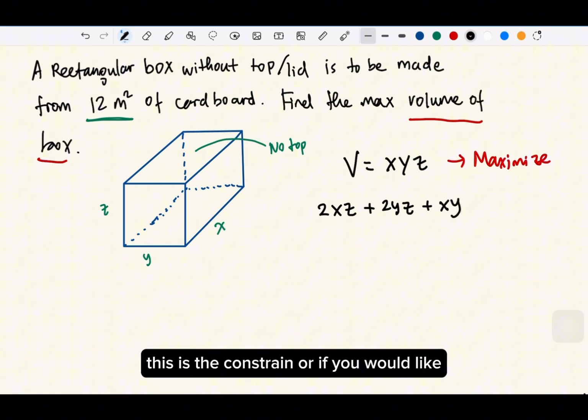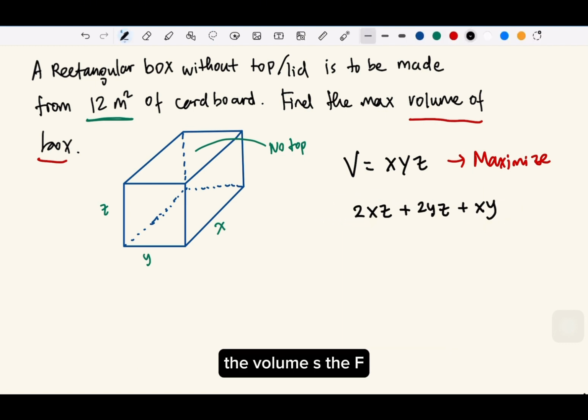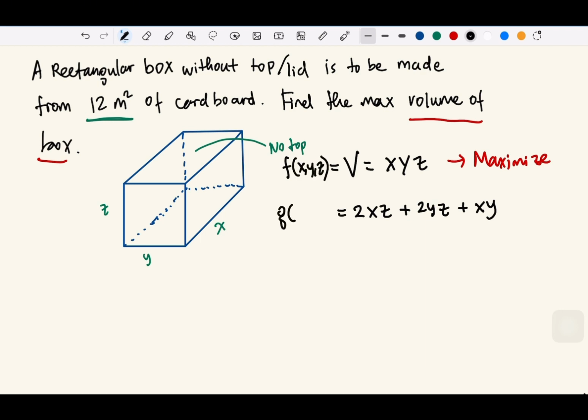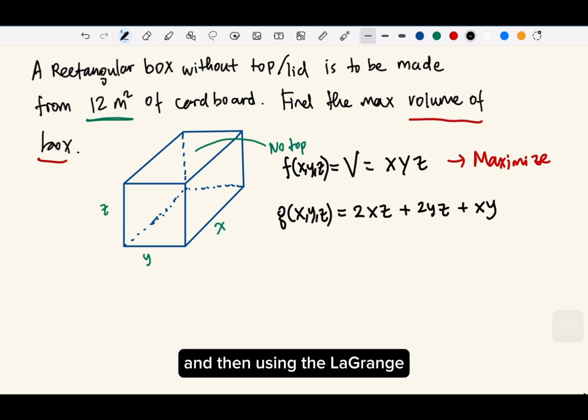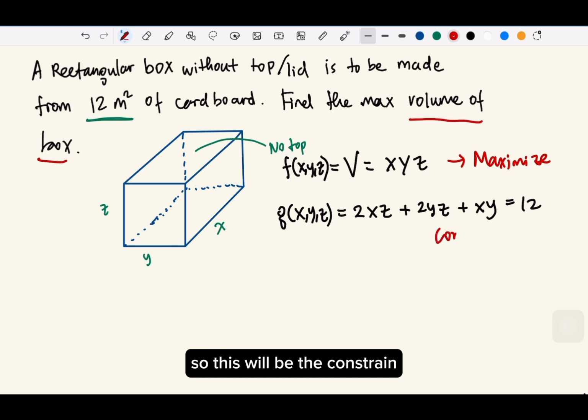Or if you would like, you could write the first one, the volume, as f, and the second one as g. And then use the Lagrange. You can use the Lagrange also. So this will be equal to 12, the constraint.